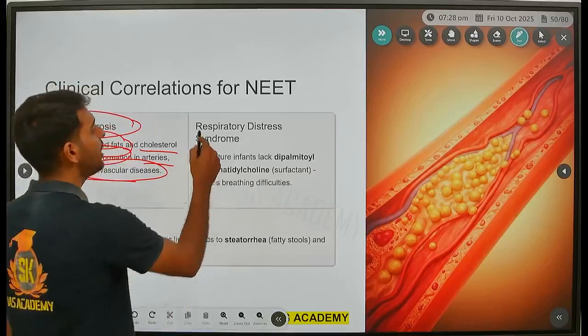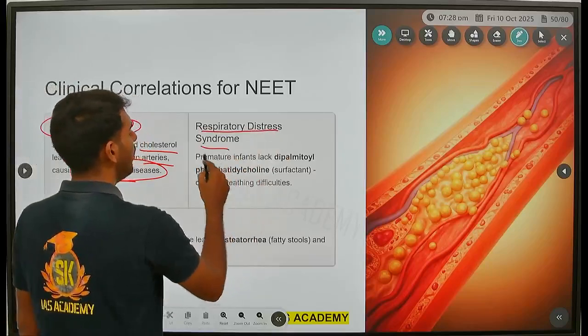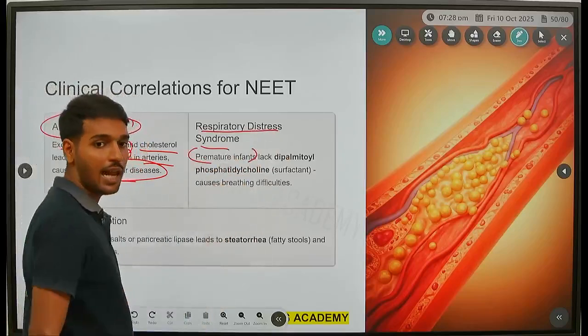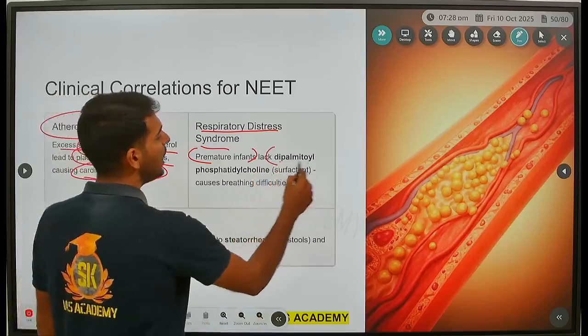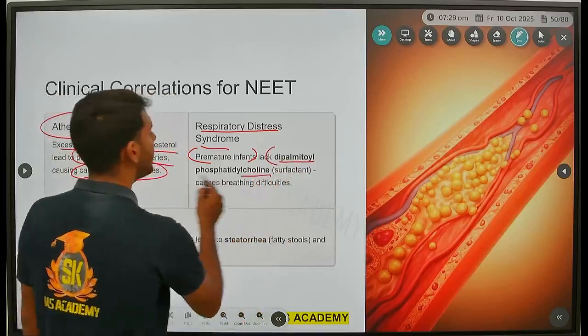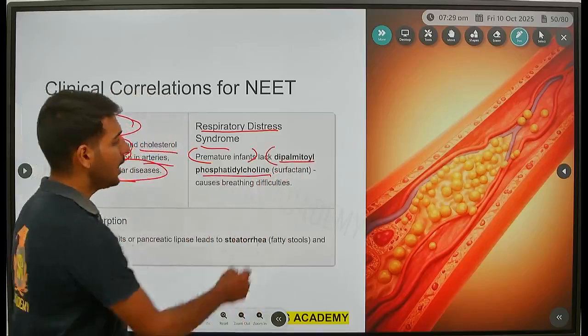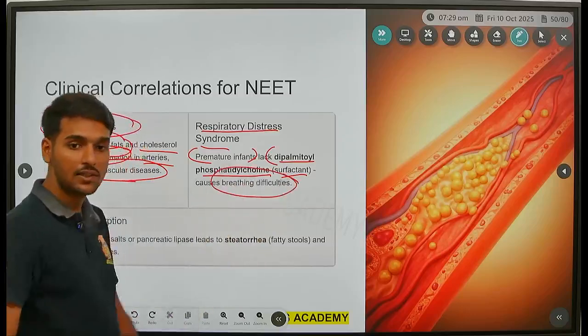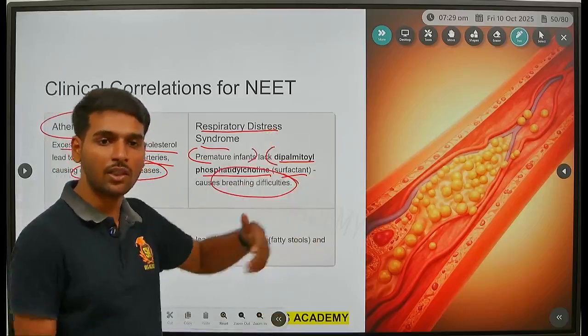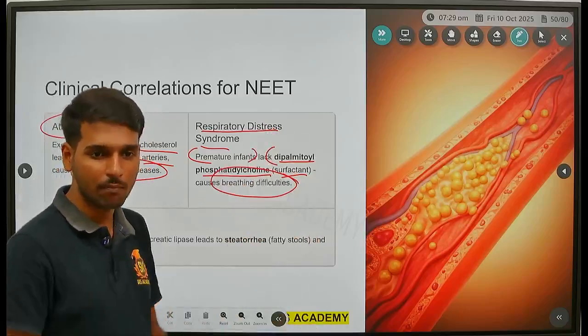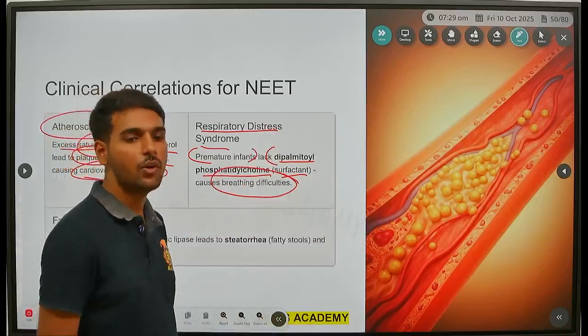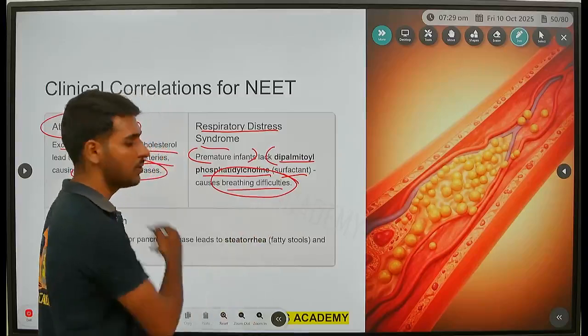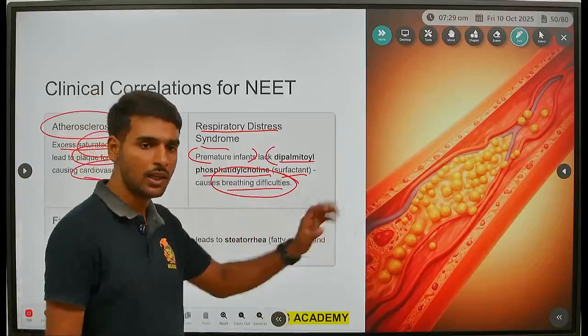So, respiratory distress syndrome. Premature infants lack a compound called dipalmitoyl phosphatidylcholine. This is a surfactant. Only due to the reason that this compound is missing or lacking in premature infants, breathing difficulties are caused in infants.